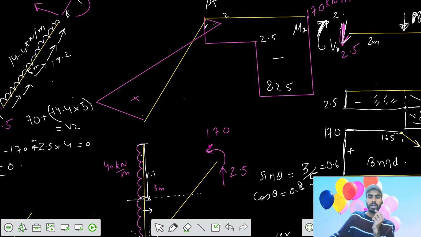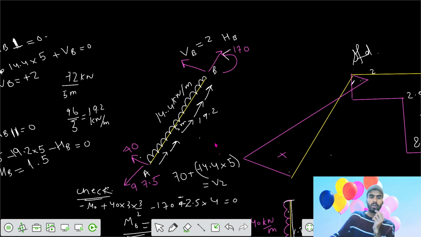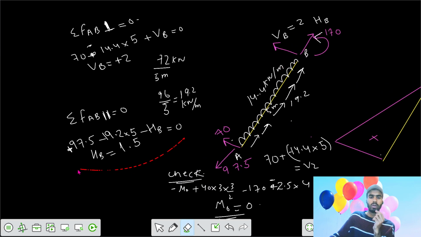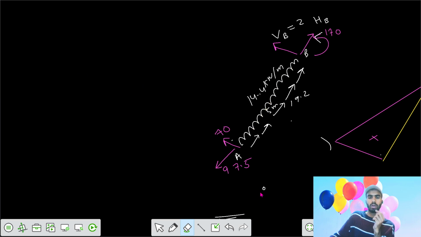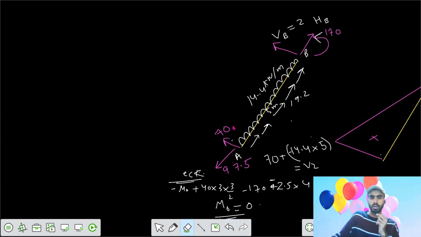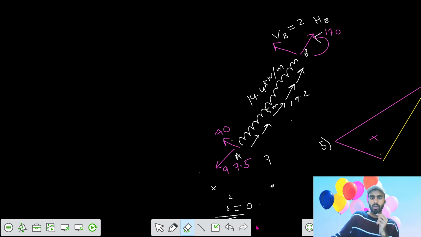Then to make the bending moment diagram for this part, say this is your member AB.